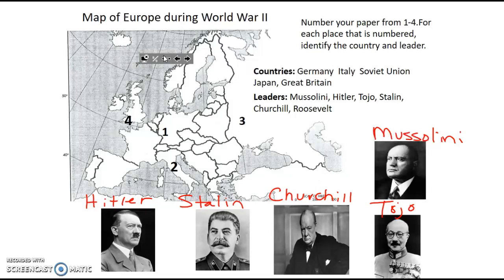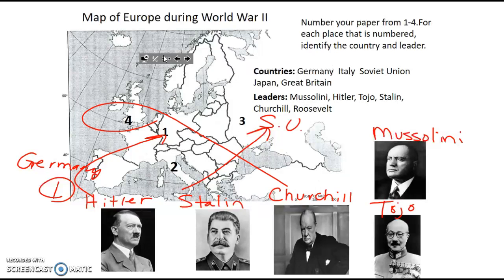So now you have to match up the leader's picture with their country. Hitler, of course, is right here, number 1, which is Germany. Stalin, right here, is the leader of this country right here, which is the Soviet Union. I'm going to abbreviate Soviet Union. Churchill, right here, good old Great Britain, our number 1 ally.